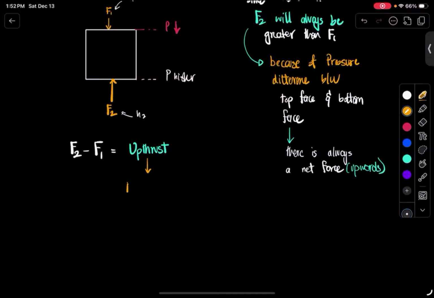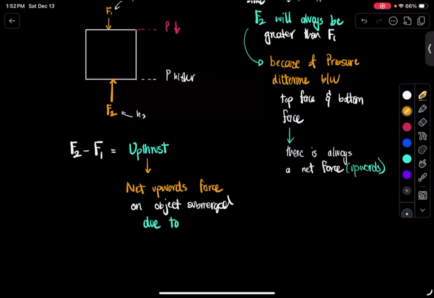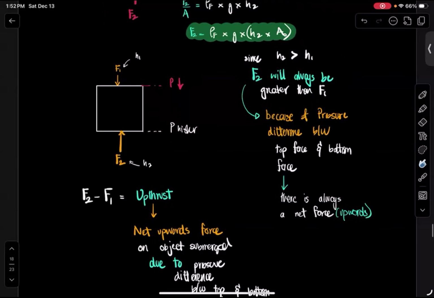Definition is going to be, net is an important word, net upward force on object submerged due to pressure difference between top and bottom.